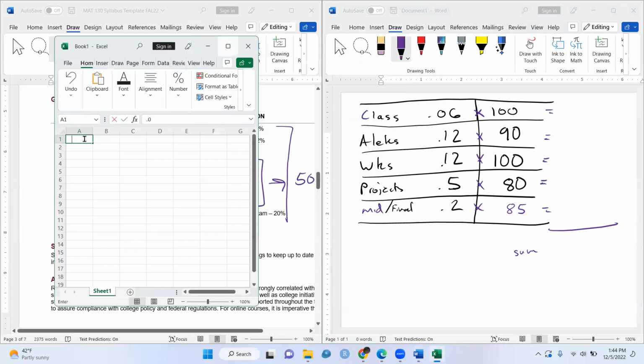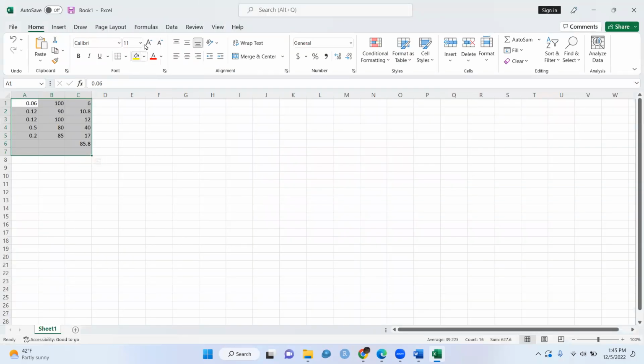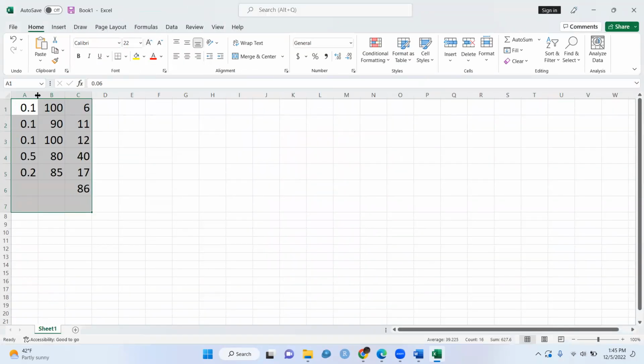Because I can type in my numbers here, and then I can do this formula that just says this times this. Drag them all together, and then type in my sum function. I'm assuming you all remember this since we've done this a fair amount from before. And this student would have received an 85.8 based on the grading scenario we have listed here.